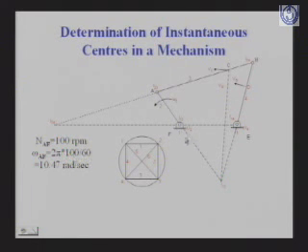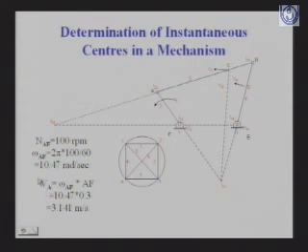Now this 100 is your distance between F and A. Now this is your angular velocity, and if you know the distance between the point and the instantaneous center, you can easily calculate the linear velocity of this point.